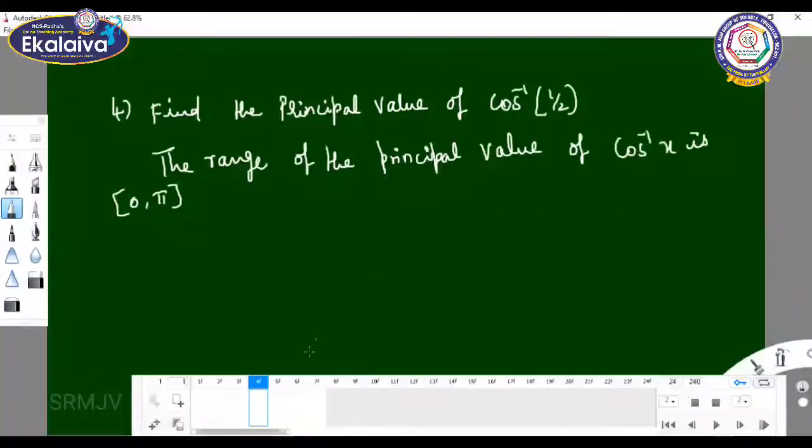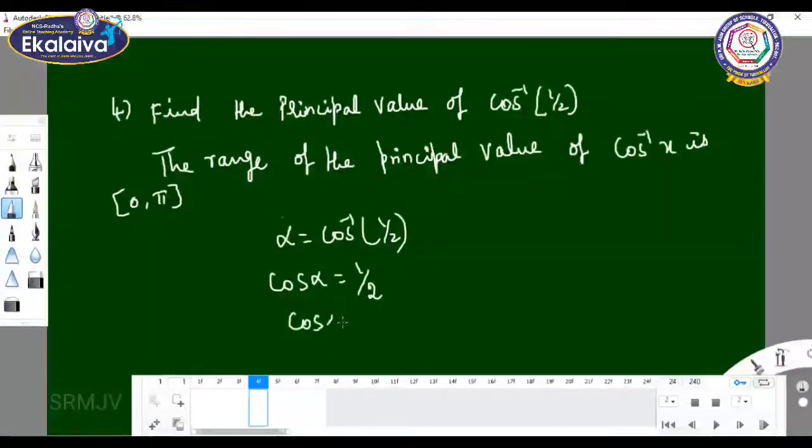So, see here, alpha equals cos inverse of 1 by 2. So cos alpha equals 1 by 2. When do we get the value 1 by 2? Cos alpha equals cos pi by 3.